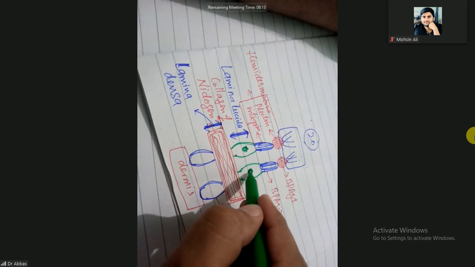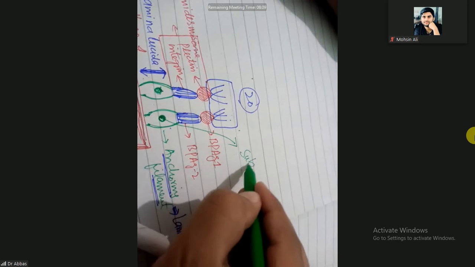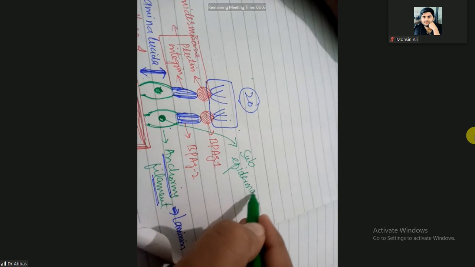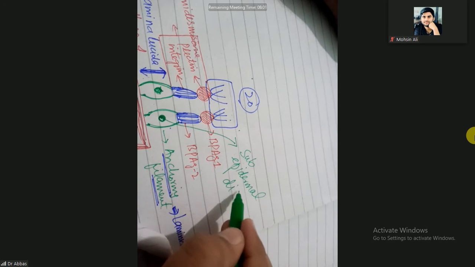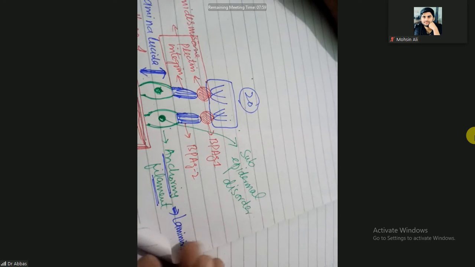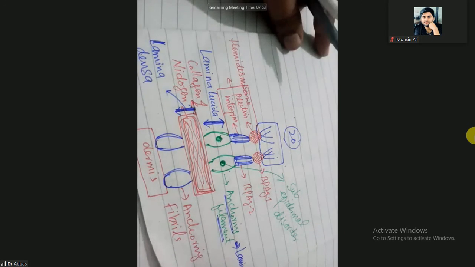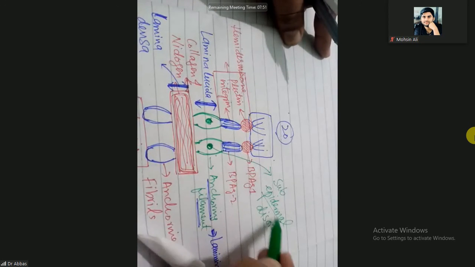So disorder of this portion is known as subepidermal disorder. Sub means lower. So what are the different subepidermal disorders?